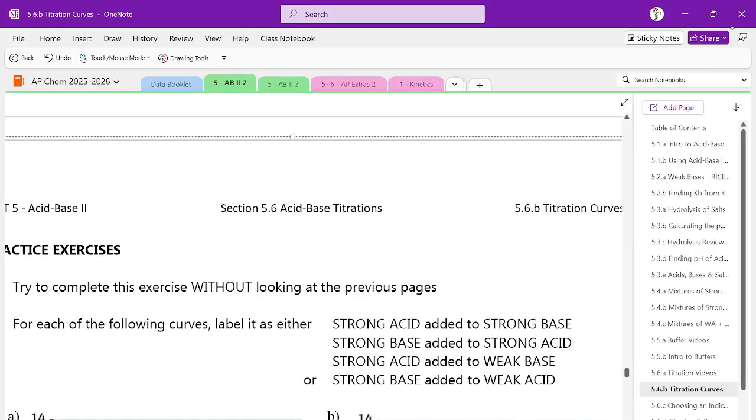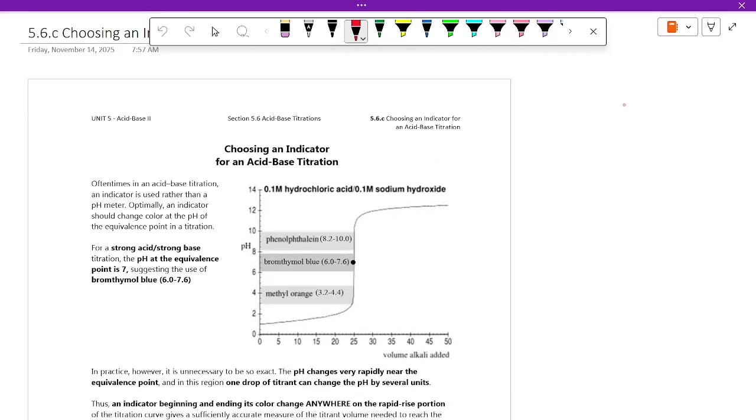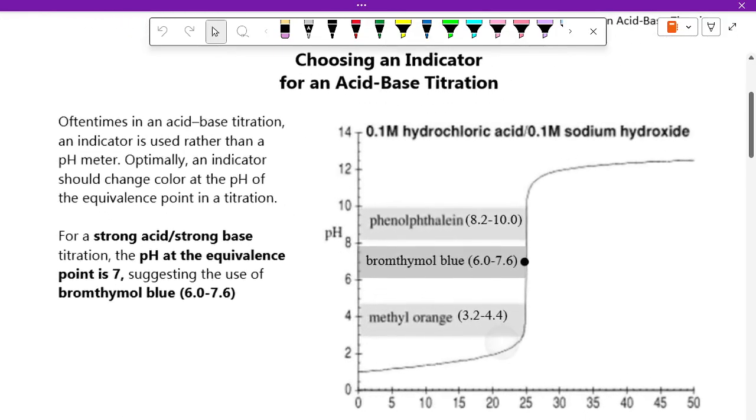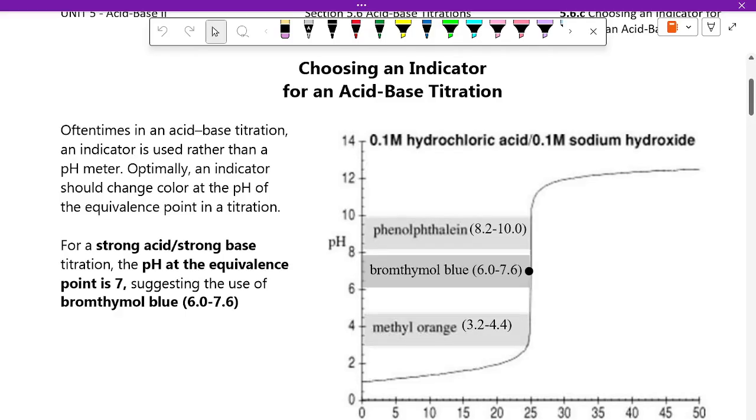We are going to move on, though, to choosing an indicator, because this is the other thing that you might have to do: choose an indicator for an acid-base titration. Oftentimes, we use an indicator rather than a pH meter, and optimally, the indicator should change color at the pH of the equivalence point.